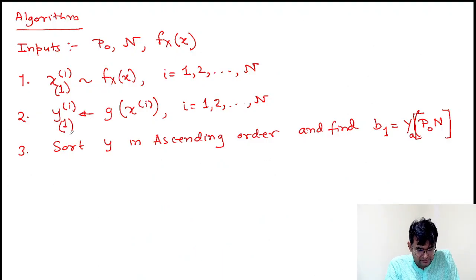So sort y in ascending order and find b1. Okay. So why did I write x in subscript 1 inside the bracket? Any idea? Iteration, not exactly, but level, I will say, because this is corresponding to f1.